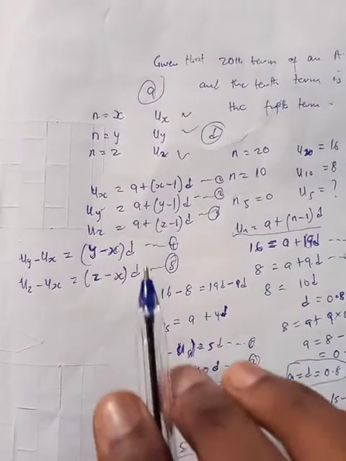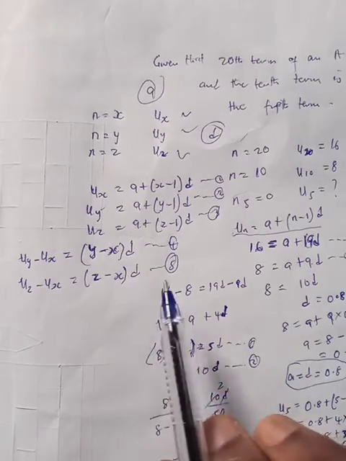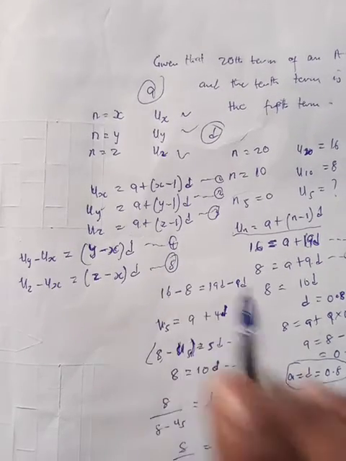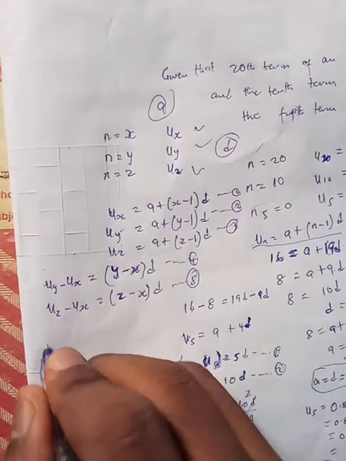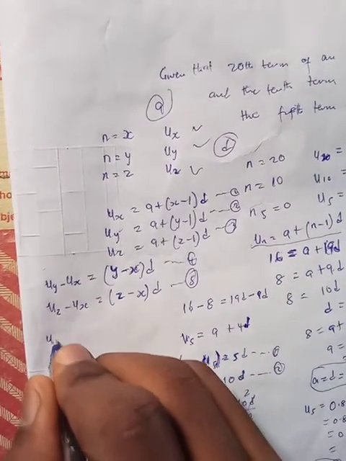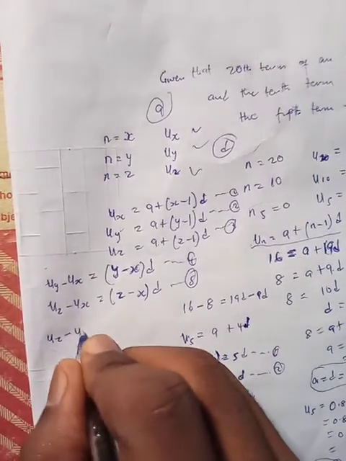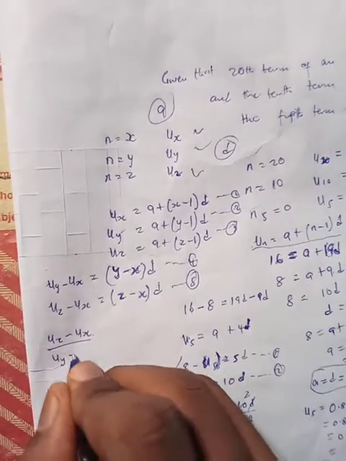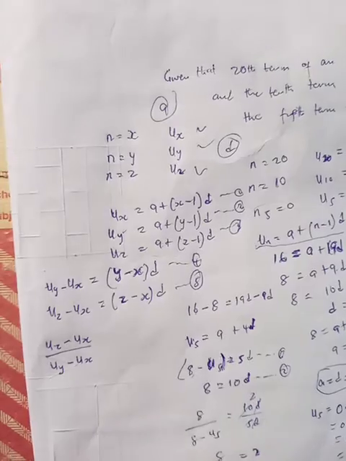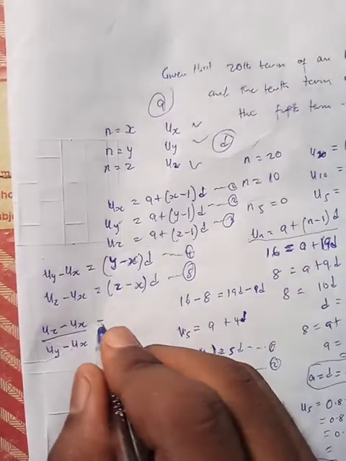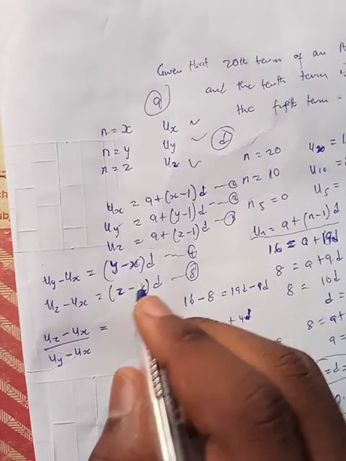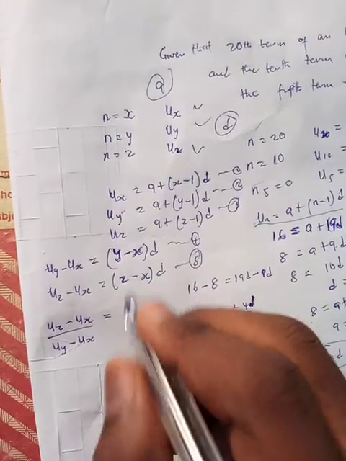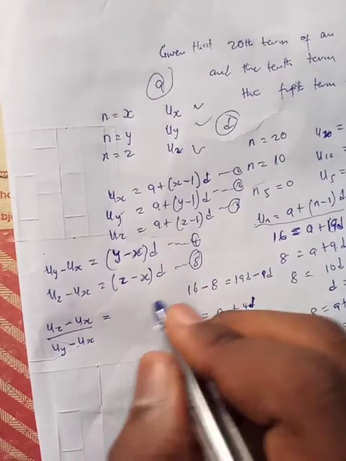Now let's divide equation 5 by 4. We'll have uz minus ux all over uy minus ux. This will be equal to this divided by this.